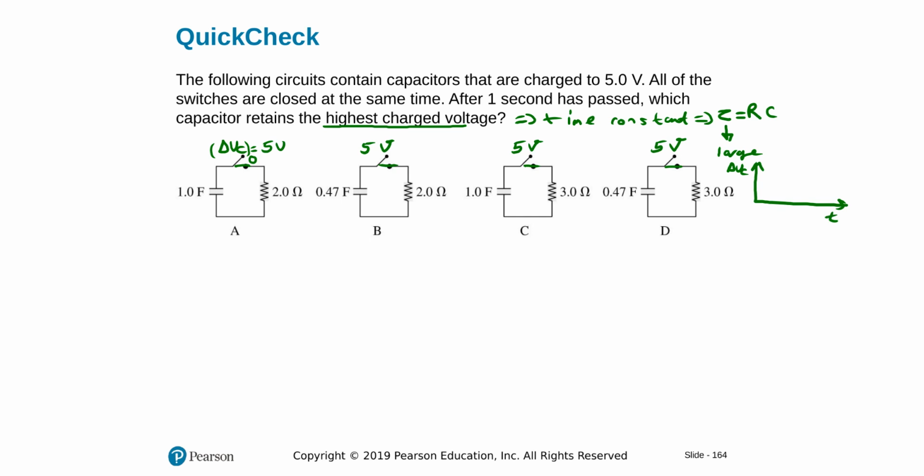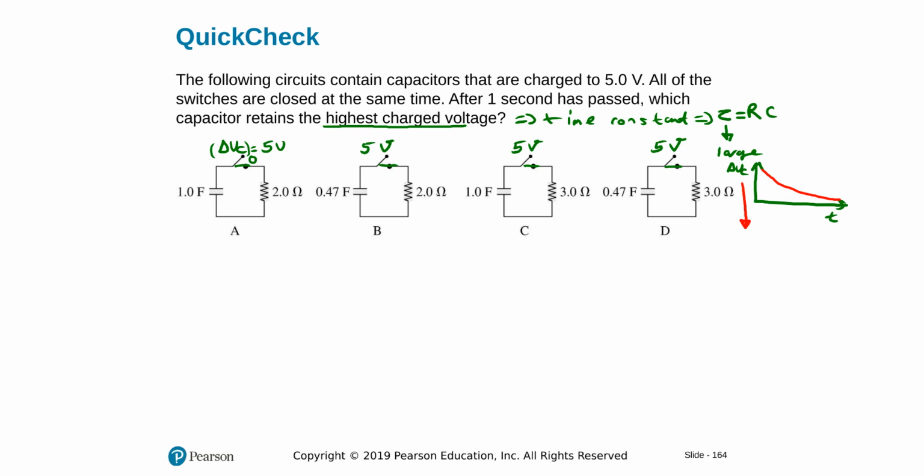That's a long decay time. So if I draw a large tau, it will have a really slow decay, decreasing over a long time.